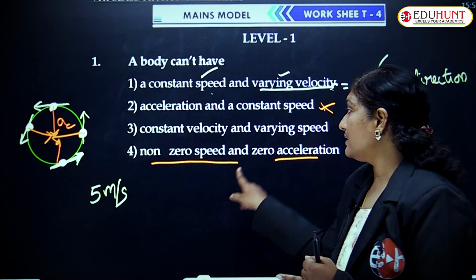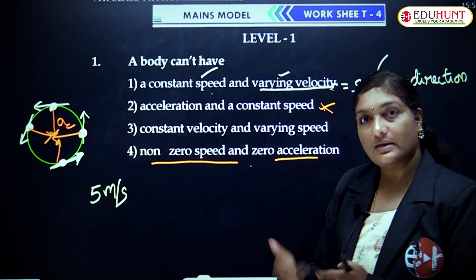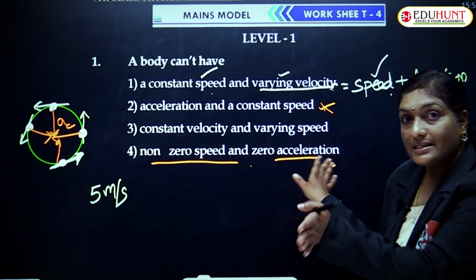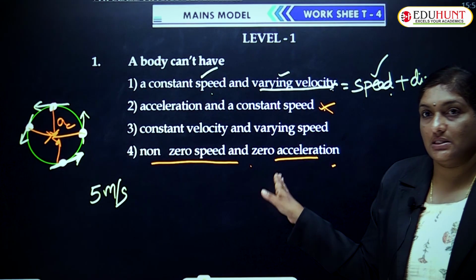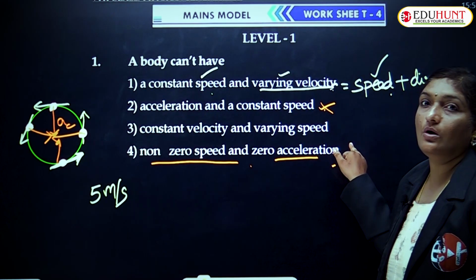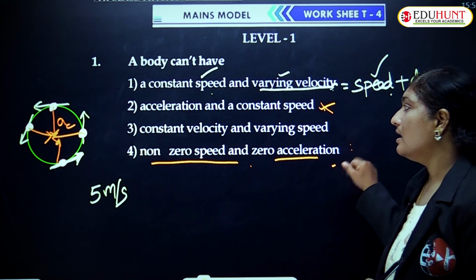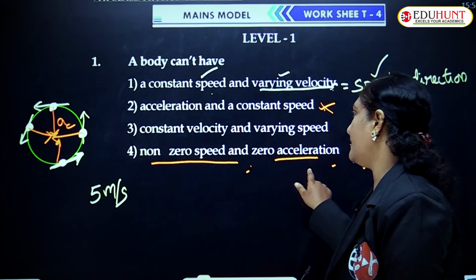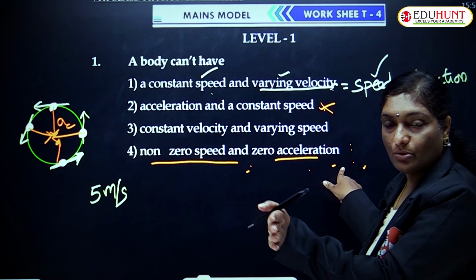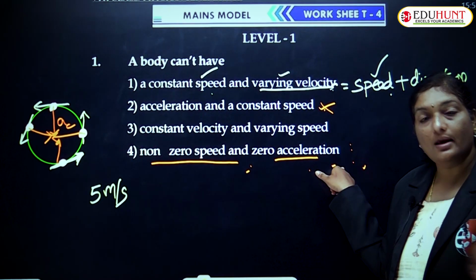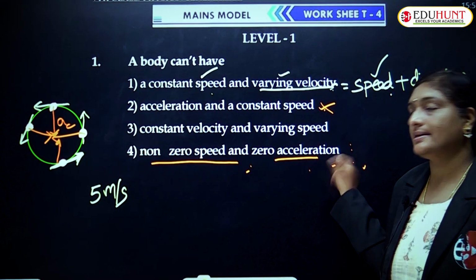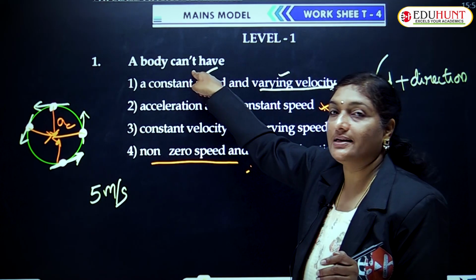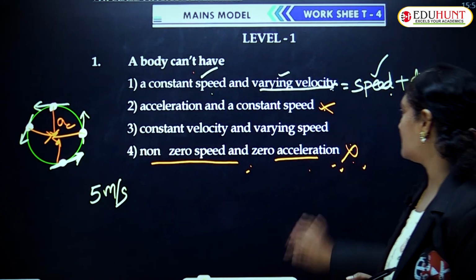Children, in that case, we can say that velocity is there. But as it is moving with constant velocity, it has zero acceleration. So a body can have non-zero speed and zero acceleration if it is moving with constant velocity in a particular direction. But they state that it can't have. So we also can't consider this.